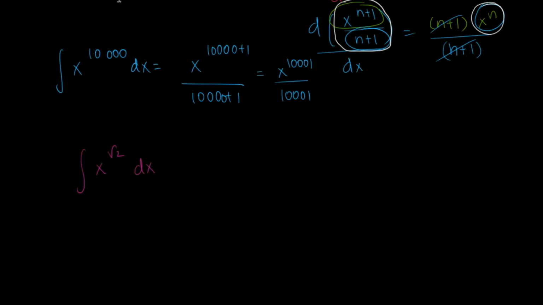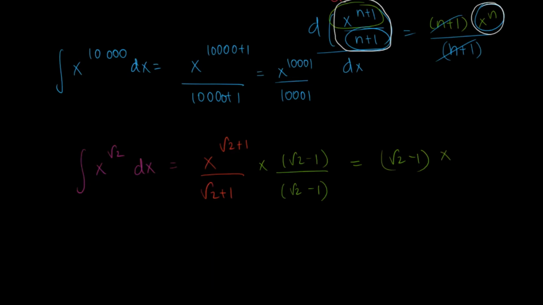With respect to x, you integrate this. So this gives you x to the power of square root of 2 plus 1 divided by square root of 2 plus 1. You could have rationalized this, so multiply both the numerator and the denominator by square root of 2 minus 1. This will just give you square root of 2 minus 1 times x to the power of square root of 2 plus 1.